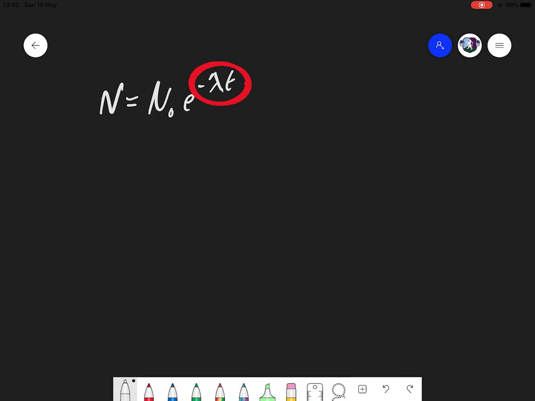Minus lambda t is usually what we're trying to work out, either the lambda or t value. Now e itself does not represent a number, it represents the exponential nature of the relationship being shown. So e itself is not just a number to take away or divide by or anything like that, but it does have an inverse function.